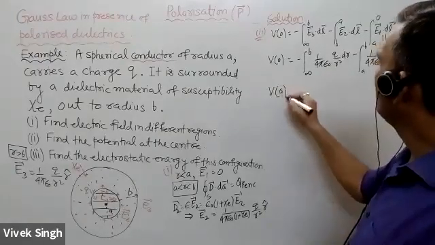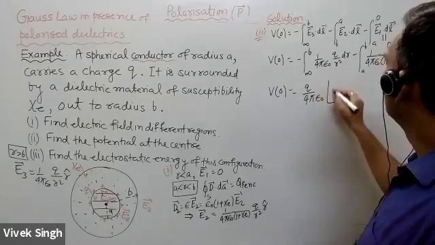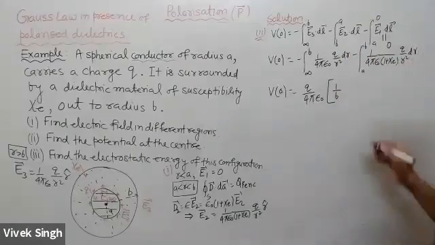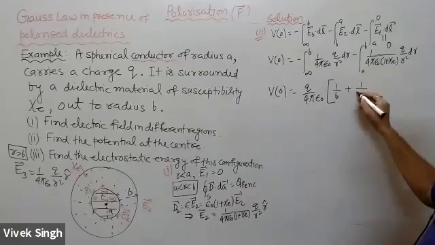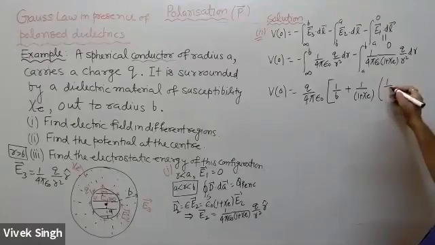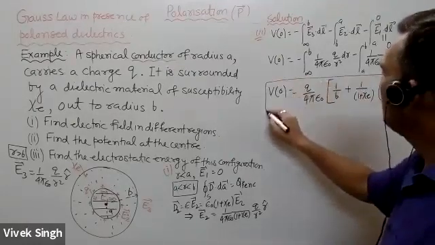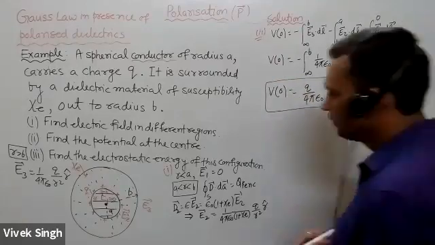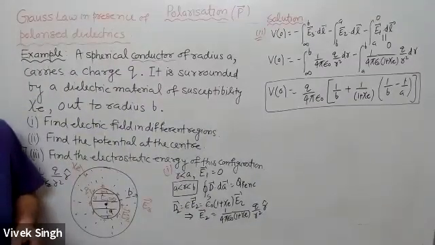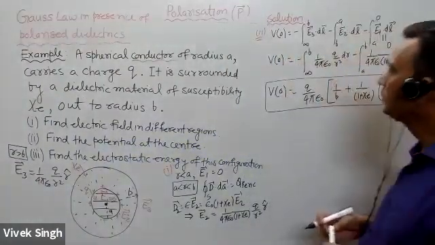So V0 will give you, take Q by 4 pi epsilon naught common. 1 by R square integrates to minus 1 by R, so this will give you 1 by B, plus (1 plus chi E) times (1 by B minus 1 by A). This is the potential at the center. If you know electric field in different regions, you can find potential at the center. Okay?